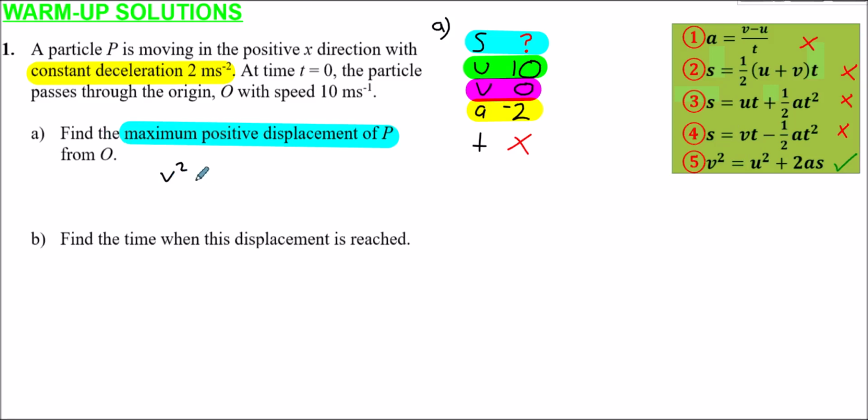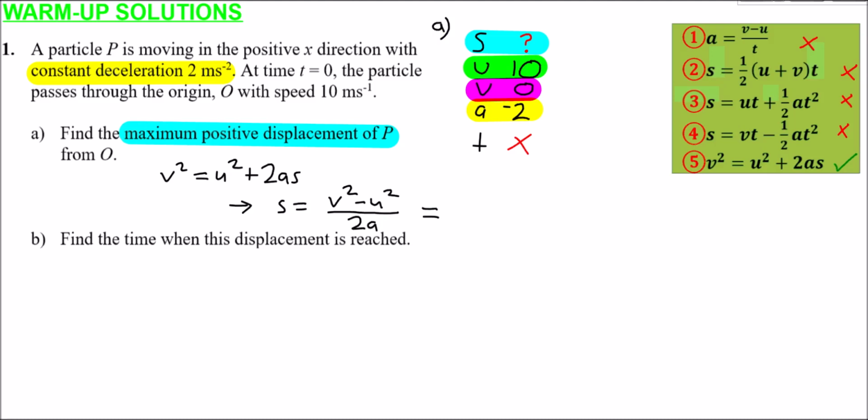So start with v squared equals u squared plus 2as. Then we can rearrange this in terms of s, so s equals v squared minus u squared, divided by 2a. Now we just fill in what we know.